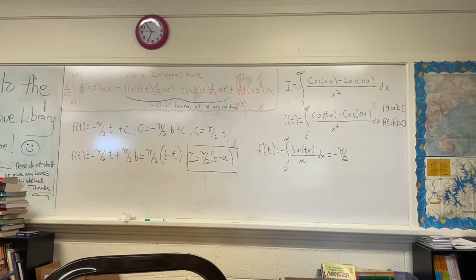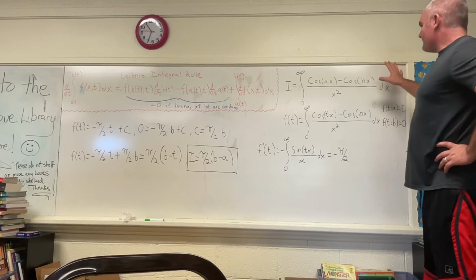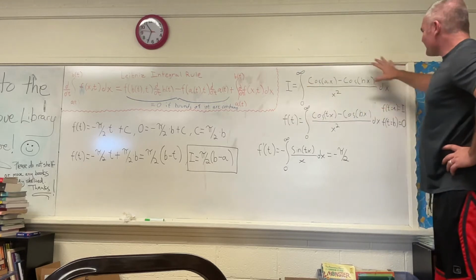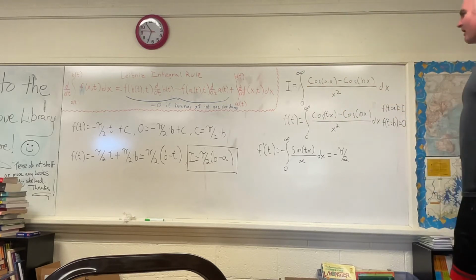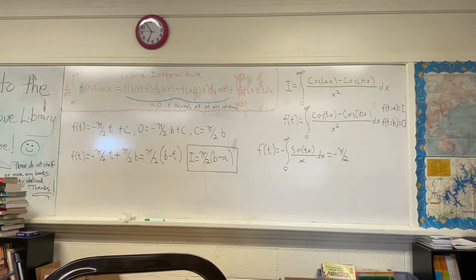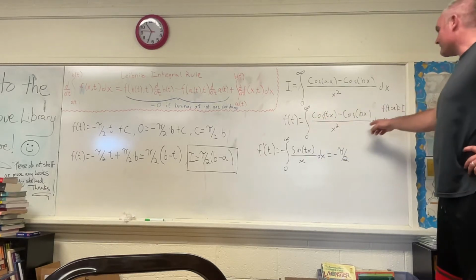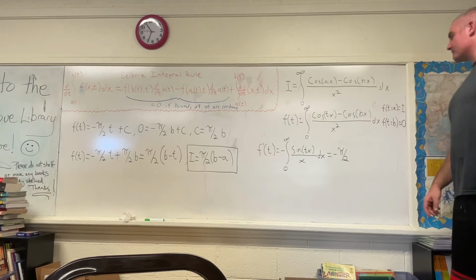But I like to keep things consistent. Because right here, technically a and b are what are called arbitrary constants. They're not variables. So we're creating a function of x and t right here where b is an arbitrary constant.